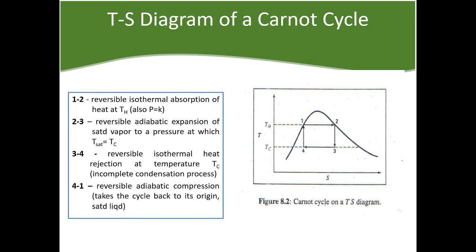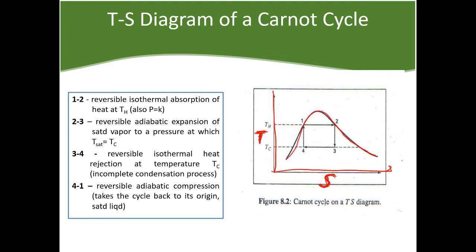This is the TS diagram of a Carnot cycle. So, in your y-axis, you have the T, okay, temperature, and in your x-axis, you have the entropy. So, gamit na gamit natin ang TS diagram dito sa production of power from heat. And this is your saturation curve.